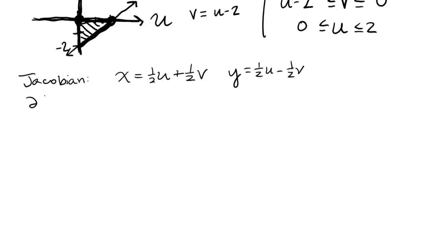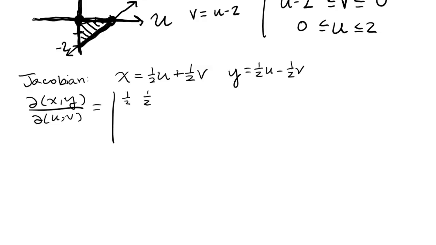So then my Jacobian of xy with respect to uv, we're going to have the determinant. We'll do the partial of x with respect to u, which is 1/2. And then the partial of x with respect to v, which is 1/2.